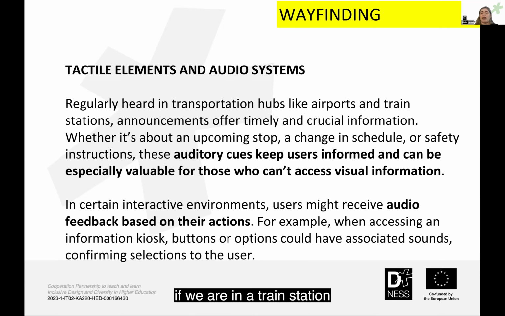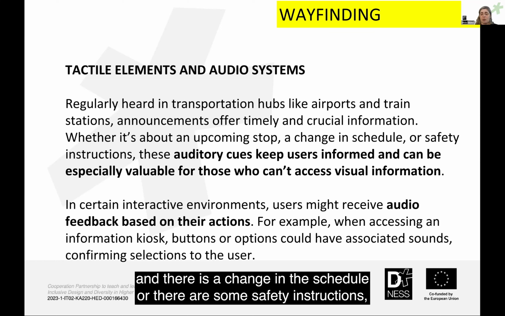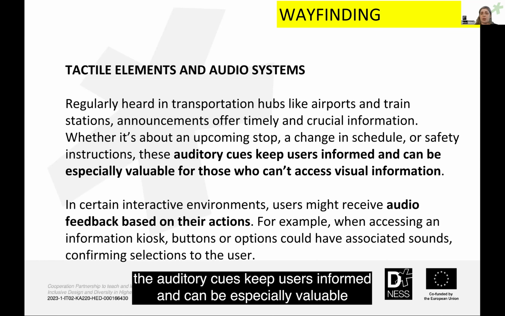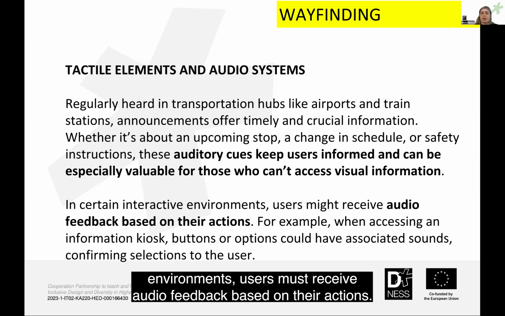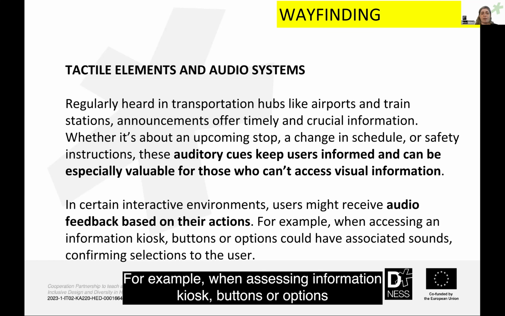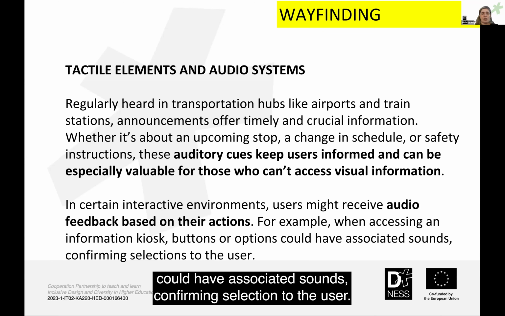If we are in a train station and there is a change in the schedule or there are some safety instructions, the auditory cues keep users informed and can be especially valuable for those who can't access visual information. In certain interactive environments, users must receive audio feedback based on their interaction. For example, when accessing an information kiosk, buttons or options could have associated sounds, confirming selection to the user.